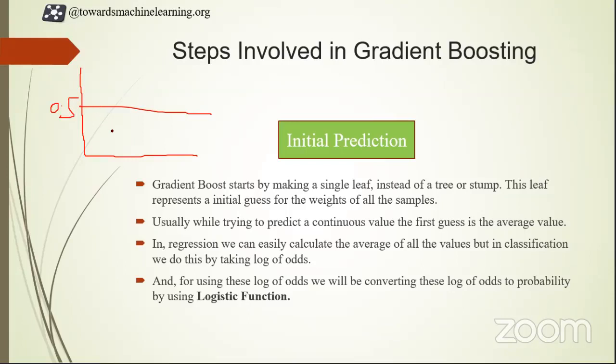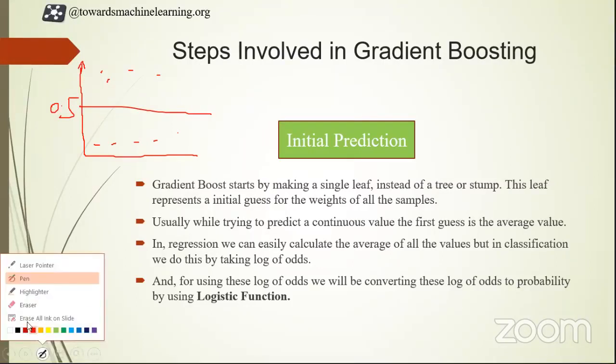All the values that fall above 0.5 probability, let's say these are some of the points, we treat as the positive instances, and the instances that have a lesser value than 0.5, we treat as the negative instances. You have learned about this logistic function in logistic regression.